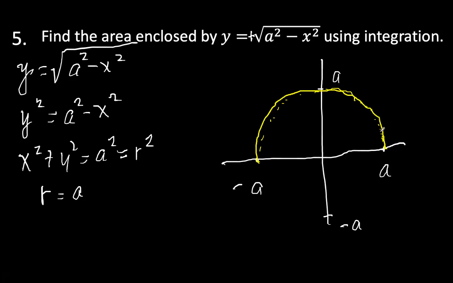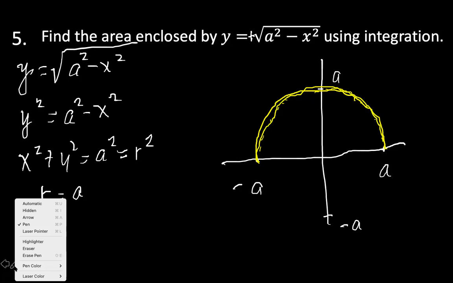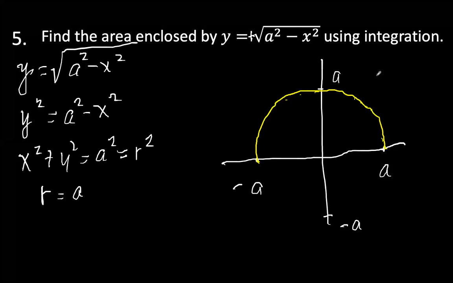So this is the semicircle. Oh no, let me erase that first. Okay, so this is now our semicircle with a radius of a. So our radius is equal to a.